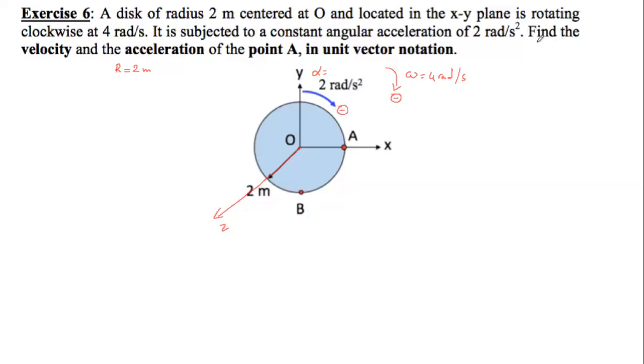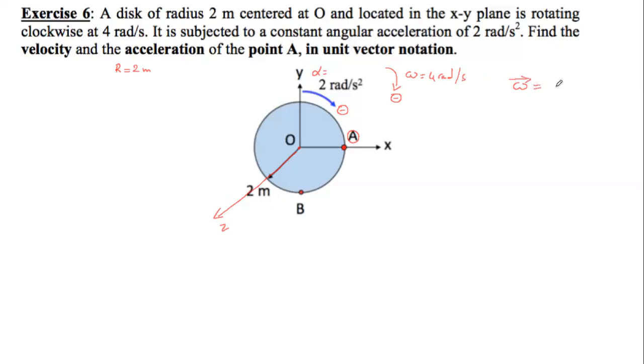Great. Question: find the velocity and the acceleration of point A. Where is point A? Point A is here. In unit vector notation. First things first, there are 2 methods, by the way, but I will start by looking at the vector angular velocity.